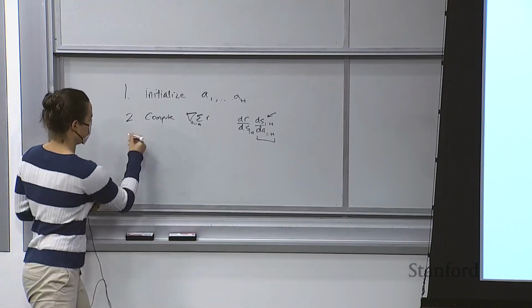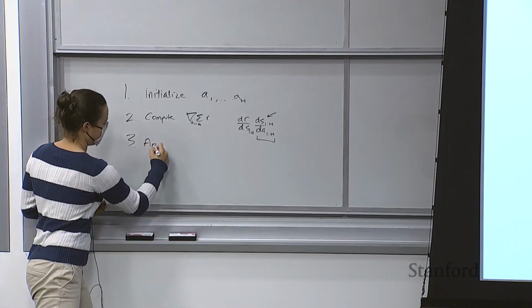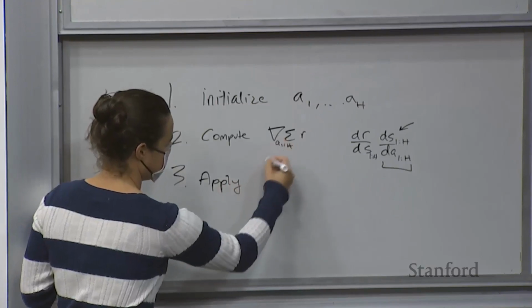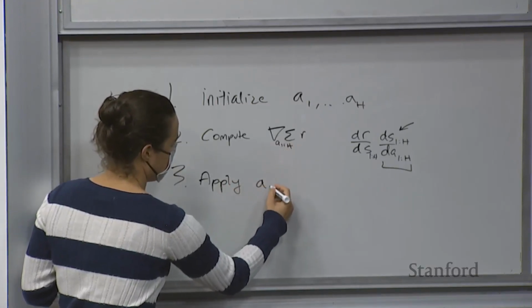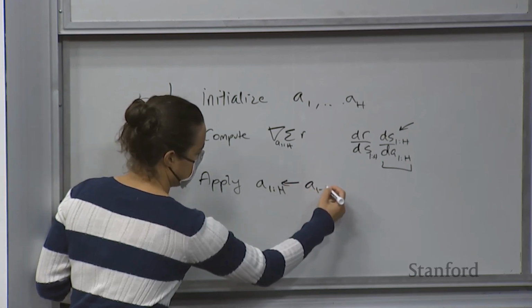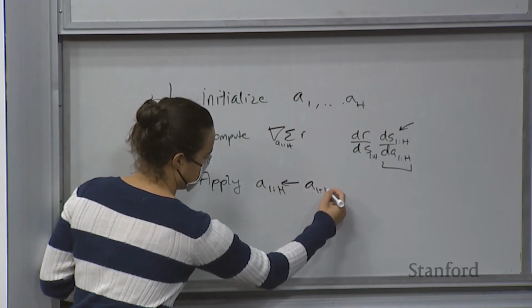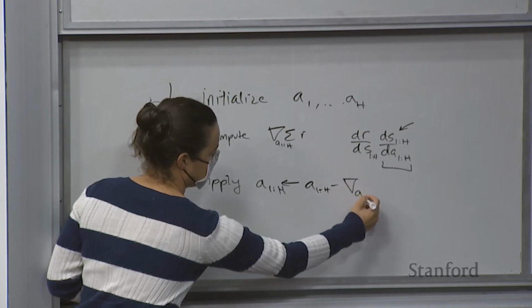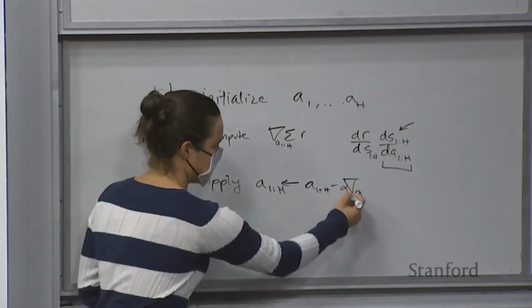And then, for completeness, you'll apply this gradient to update. So it'll be A1 to H minus the gradient, something like that, and you'll have some learning rate.